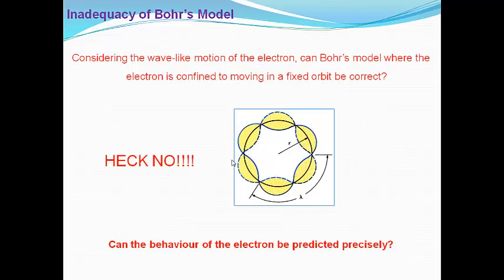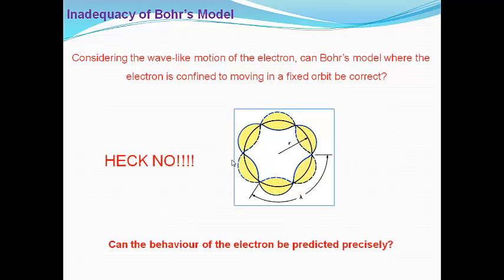And this is showing us directly that Bohr's model, even though it works for hydrogen, because the hydrogen atom is just one electron and is simplistic, works only to an extent, but it is inadequate even for hydrogen, because Bohr's model has not considered the fact that the electron is moving as a wave.